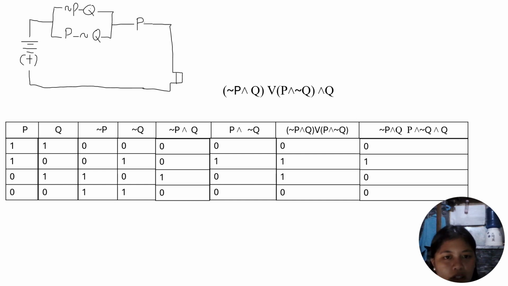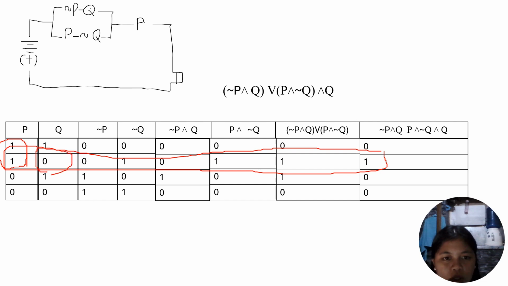Okay, so we are done making the closure table. After that, let's find the switching network that is open and closed. This is our conclusion. We have the second row, as you can see, the open is P and Q is closed.